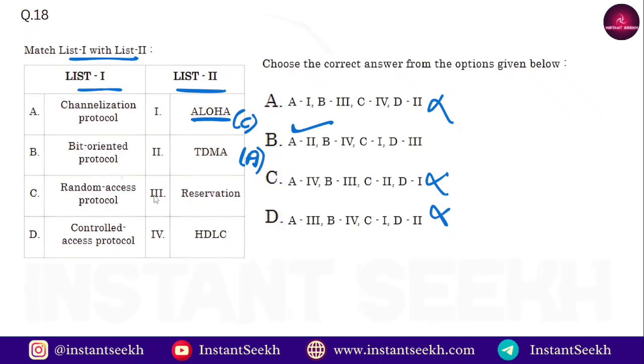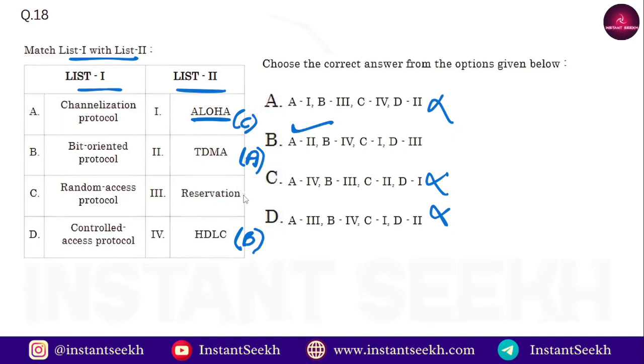Now, bit oriented protocol is related to HDLC, that is high level data link control. It is a bit oriented protocol. So option B goes here, and control access protocol goes for the reservation method.